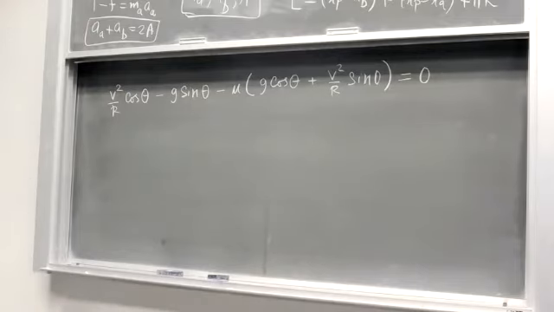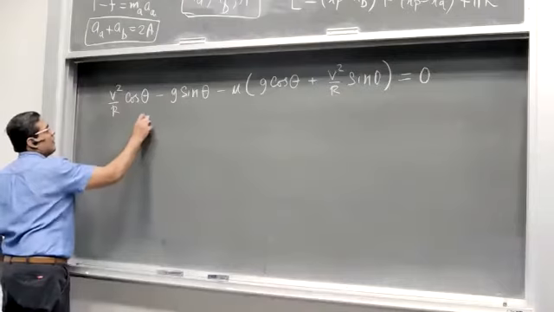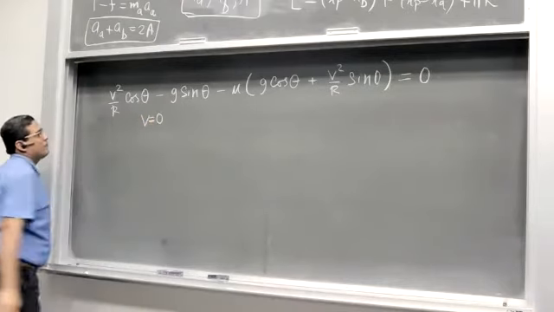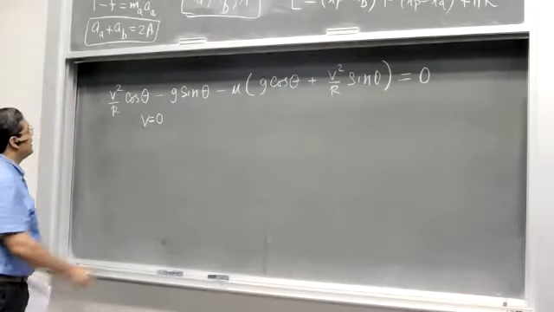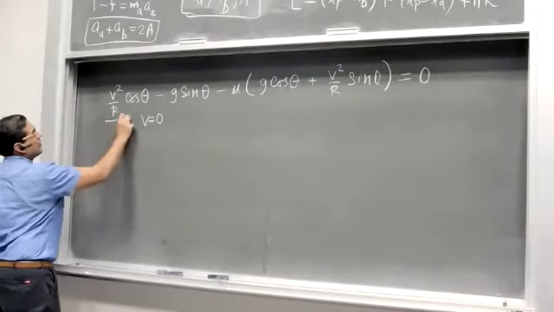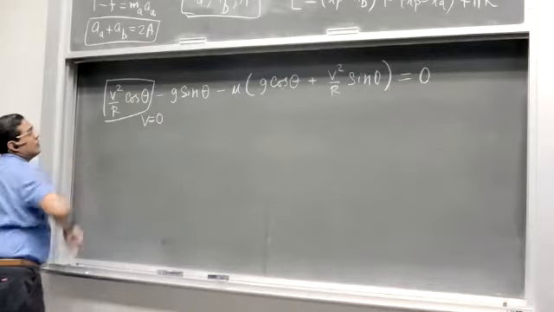Now let's say that you are on the ramp, okay? And the car has no speed, okay? Zero speed. Let's take the zero speed case. V equals 0, okay? The car is just standing on the bank. Then this term would be 0.